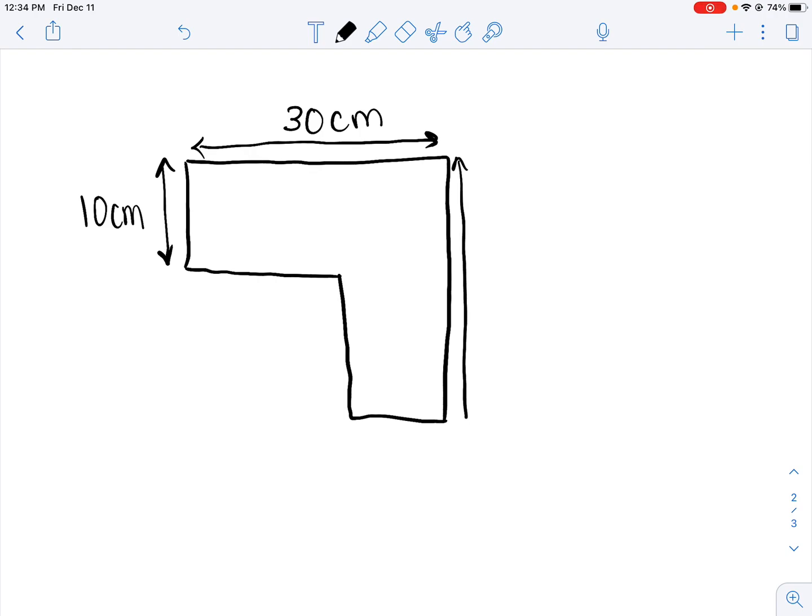And we'll say this side's 32 centimeters. And this side right here is, let's say, 8 centimeters.